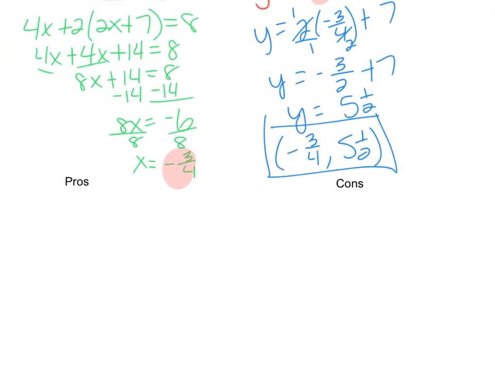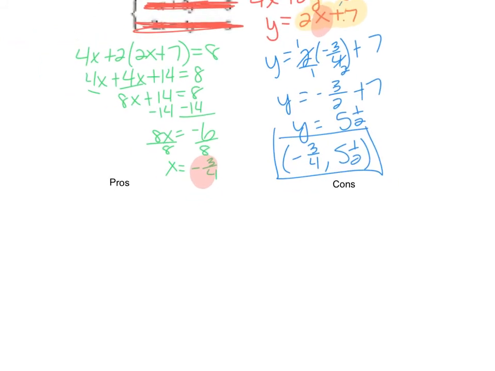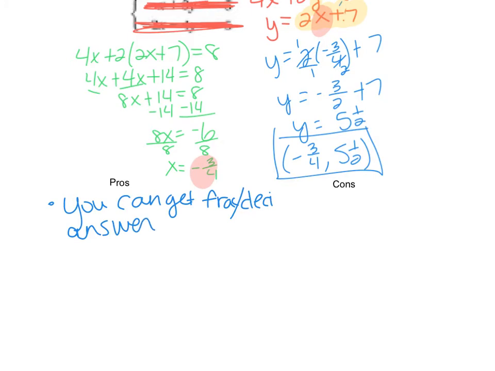Okay, let's talk about the pros and cons. Well, the pros, if you noticed, using this way, you can get fraction or decimal answers, whereas when we were solving by graphing, you could only get whole number answers.